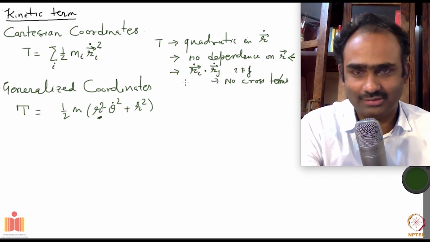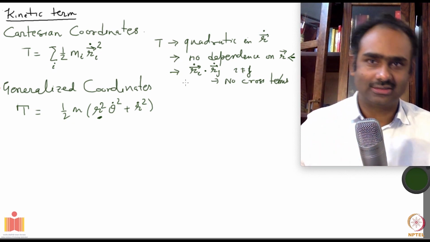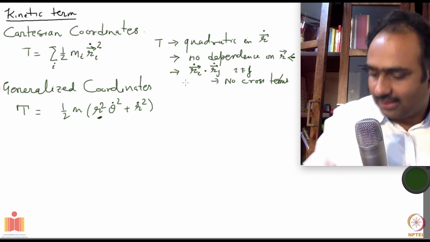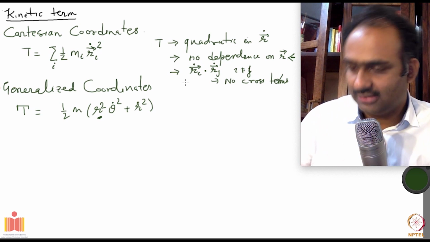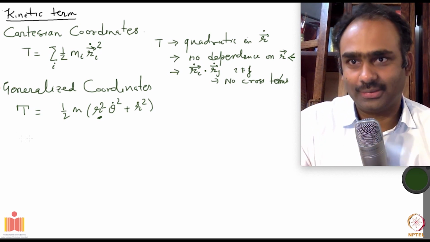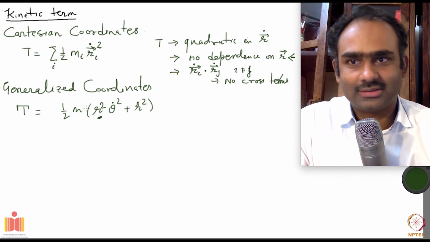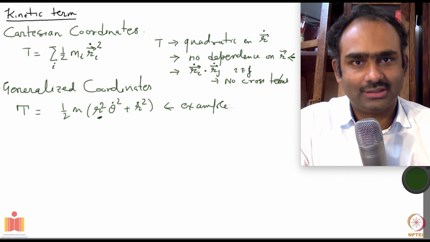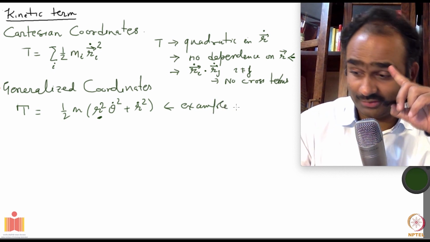And as you're going to see very soon, that is also not a general statement. So let's see what the general expression would be. This was one specific example, which we covered in one of the previous videos.